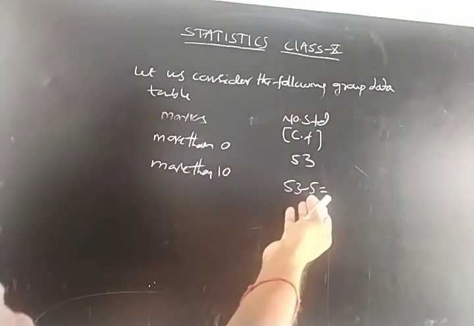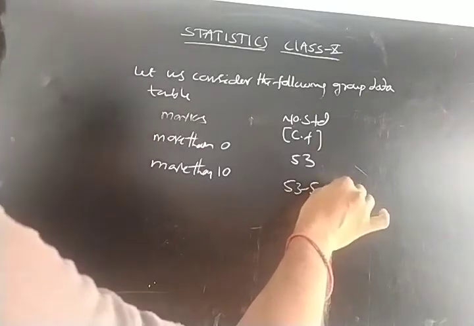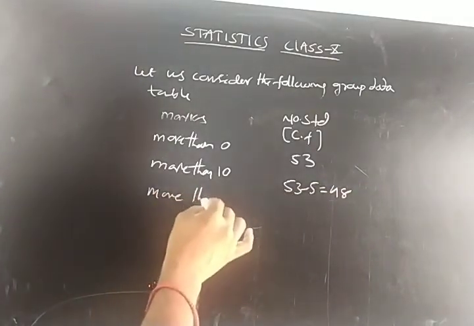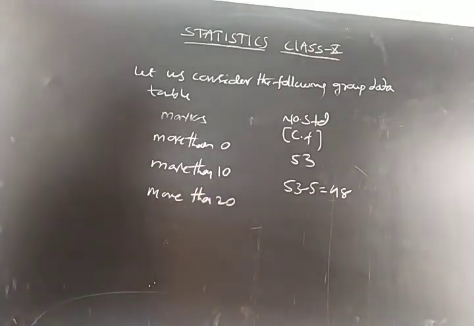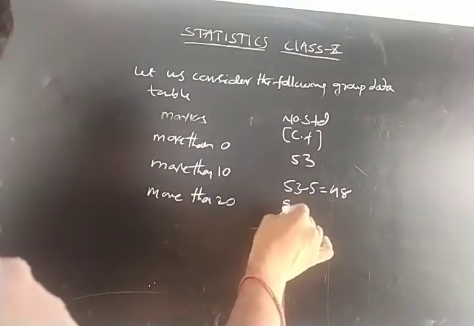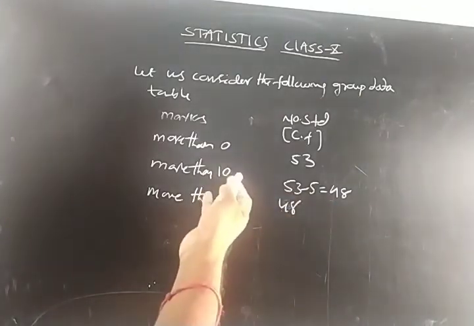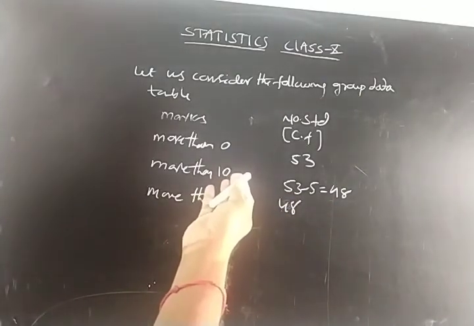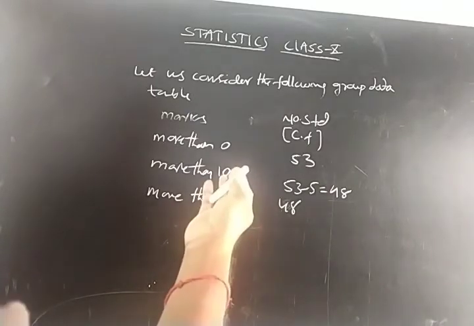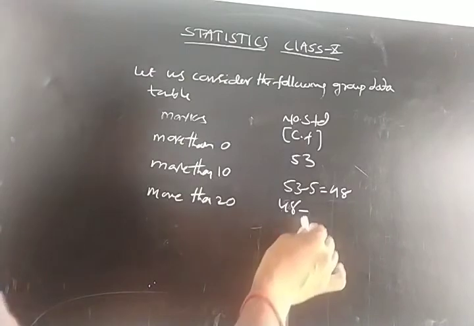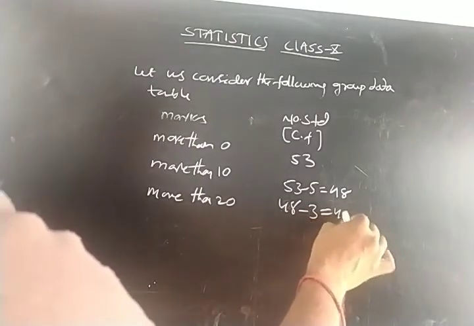So 53 minus 5, you will get 48. Next more than 20: from 48 you subtract those who got 10 to 20, which is 3 students. By subtracting you will get 45.